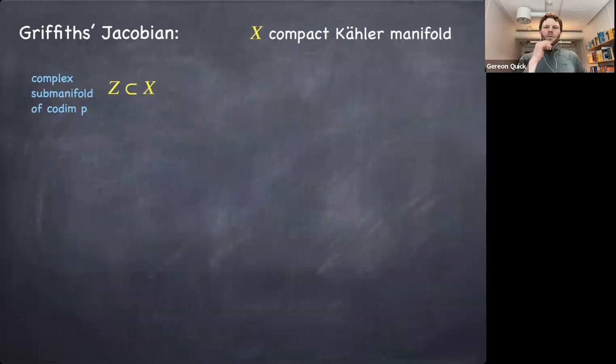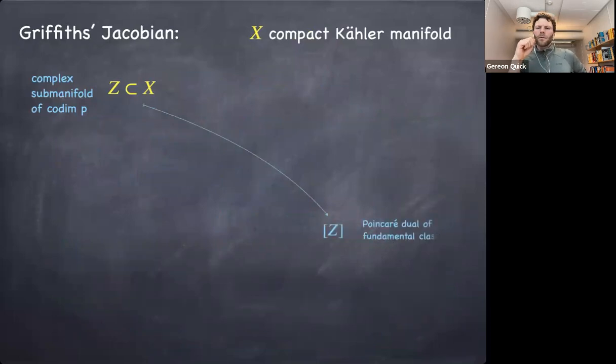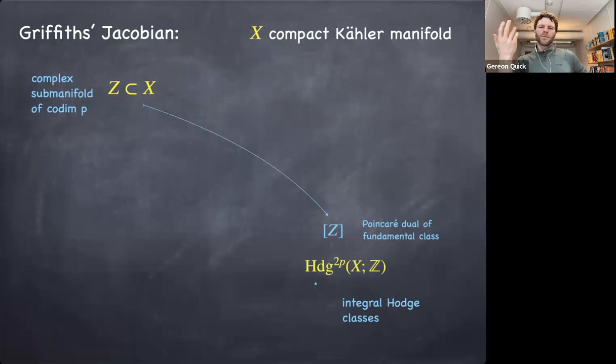Okay, so now I would like to look at the case again where we have a compact Kähler manifold, and we look at not a curve or codimension 1 object, but a submanifold of codimension P. Let's call it Z. And then we can again associate to it a cohomology class Z, where we take the fundamental class in homology and then the Poincaré dual.